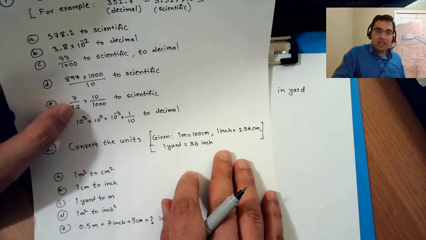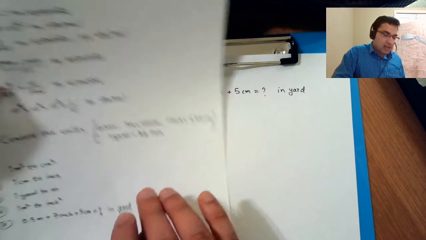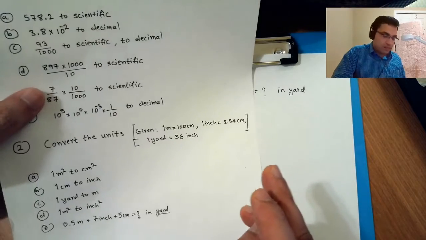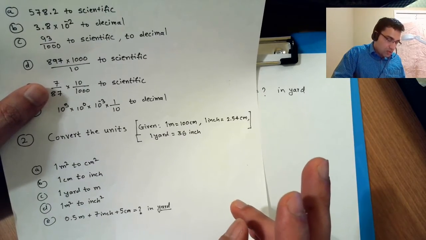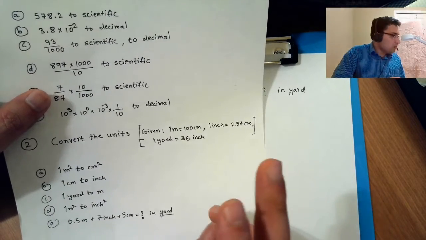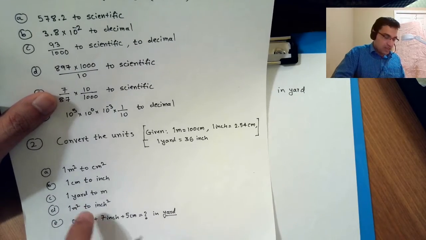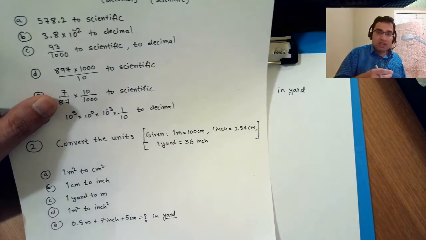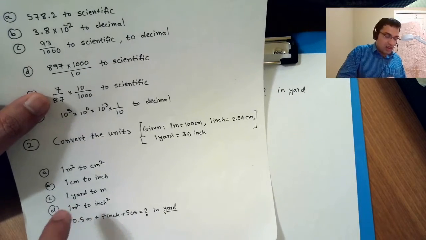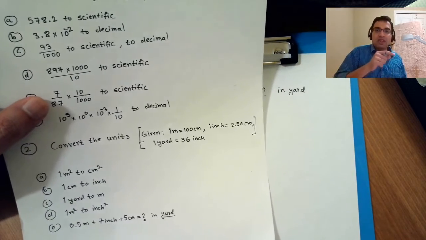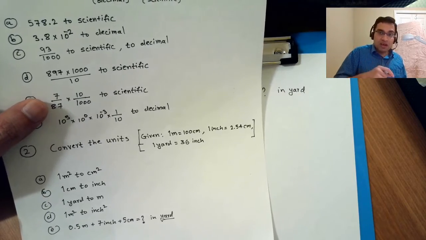Do I have anything that directly relates meter to yard? I don't, but that shouldn't be a problem because in problem C, we already solved something that relates yard to meter. In that case, it was get rid of yard and get meter. Now we want to get rid of meter and get yard instead.